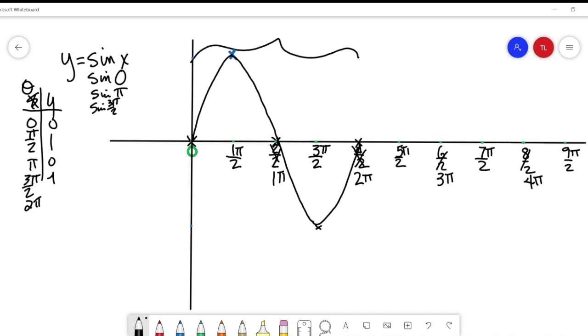In other words, what is it at 5 pi over 2? Well, young people, you just keep thinking about it. That's 1 pi over 2. Go around the circle. All right, that's 1, that's 2, that's 3, that's 4. So where is 5 pi over 2 going to put you back at? At the top.